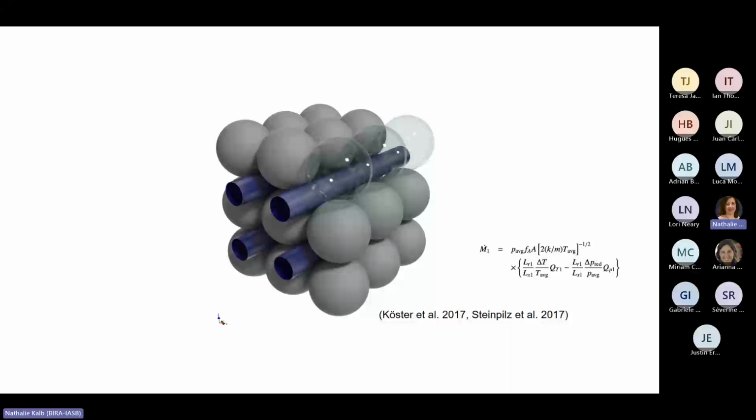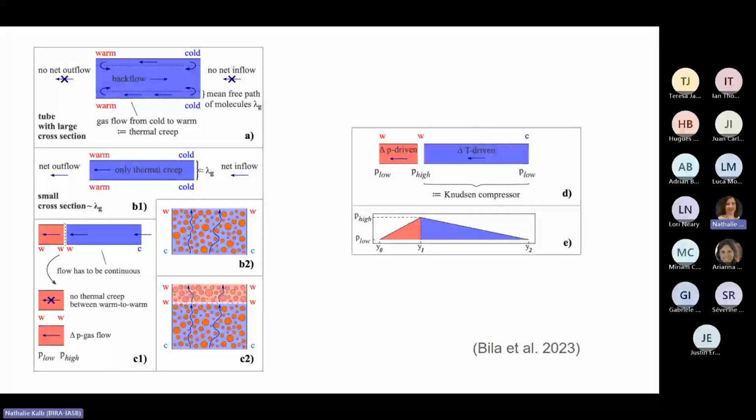However, in the end, you can still simulate the whole thing by assuming you have some tubes of pore diameter in there, and then you can work out mass flows and pressures with this simple model, at least if your dust bed, particle bed is not too complex. Okay, this is again how it works. Anyway, not going through all of this.